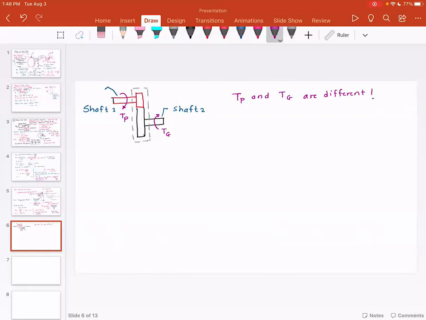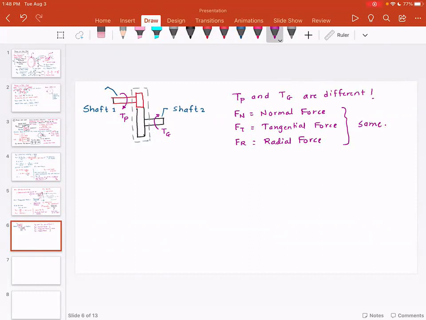However, if you look at Fn, which is the normal force, or if you look at Ft, which is the tangential force, or if you look at Fr, which is the radial force, they are same. Even the pitch line velocity is the same.